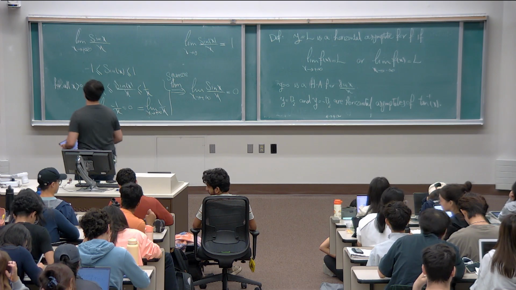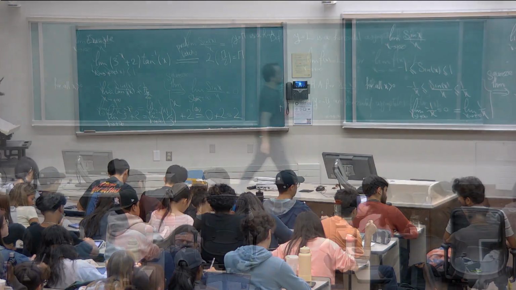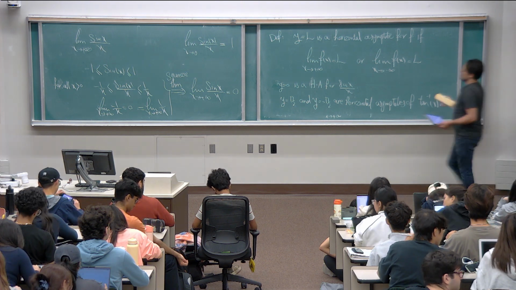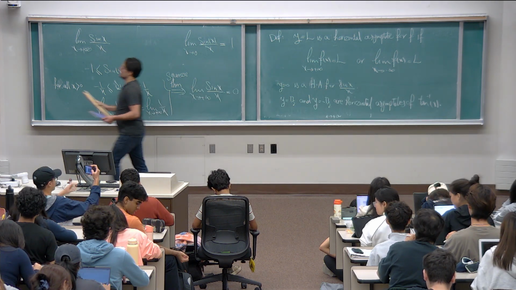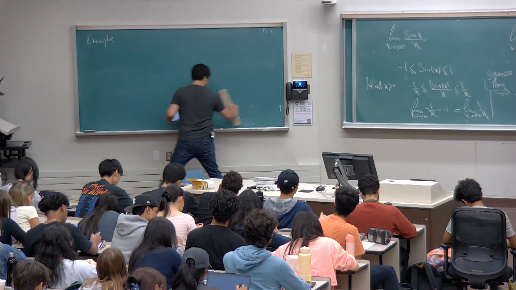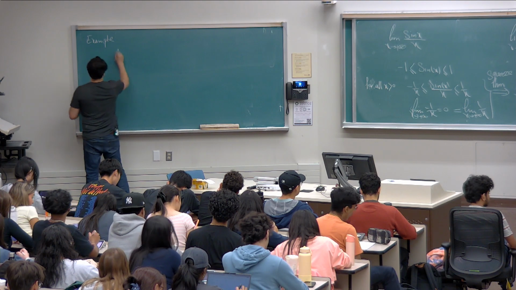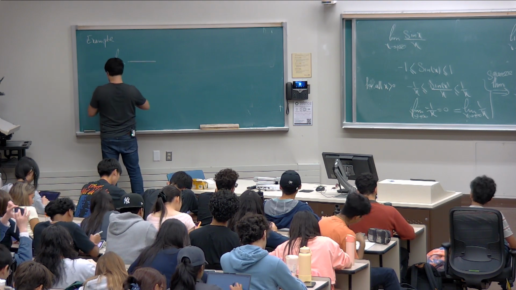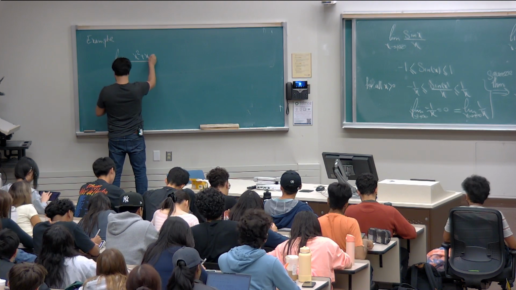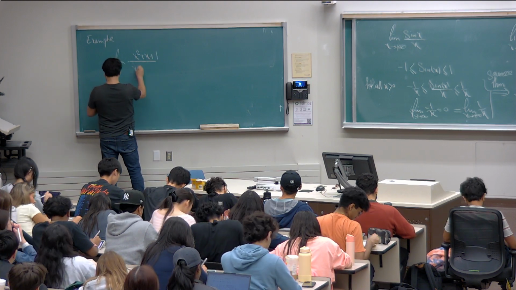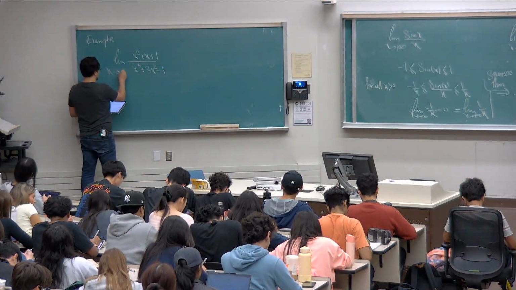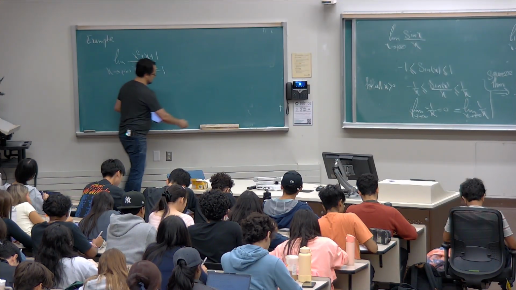Let's do these two examples. I'll write one here. How about you try to tell me what is the limit of x squared plus x plus 1 over x cubed plus 3x squared minus 1 as x approaches plus infinity.